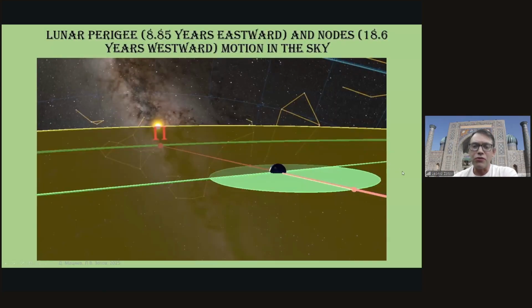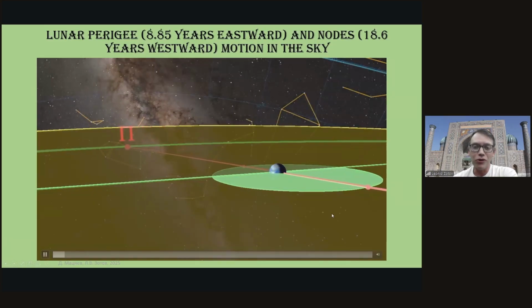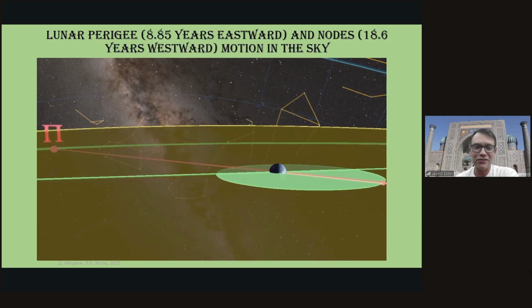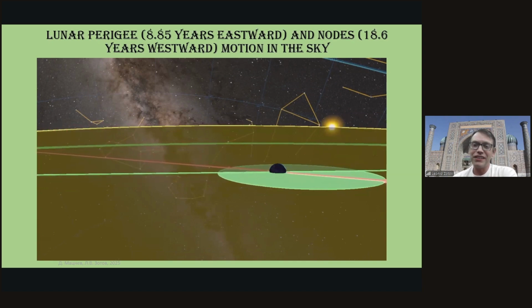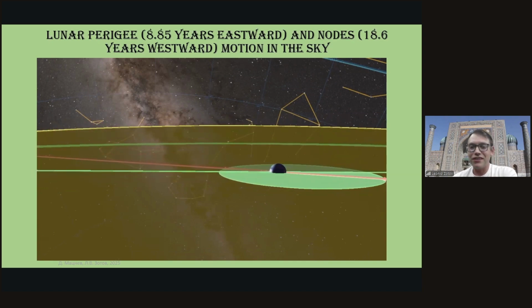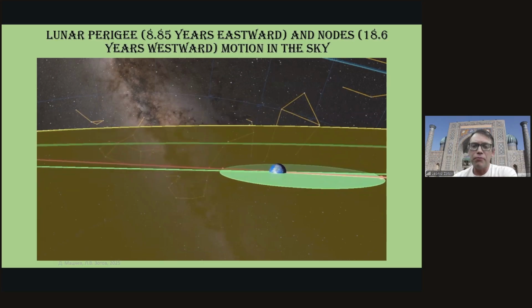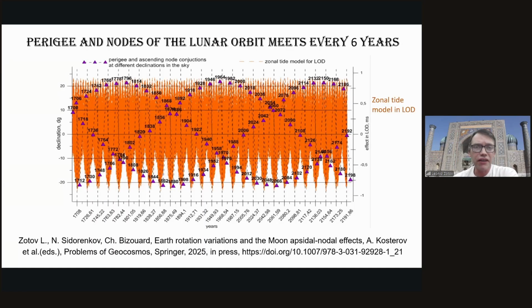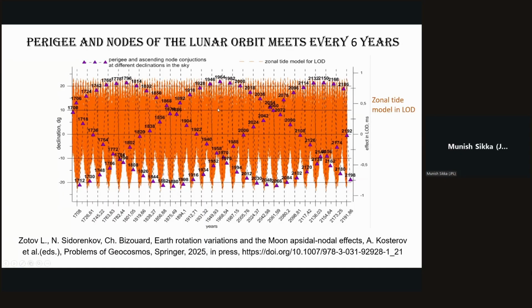We were thinking what could be responsible for that, and found a very interesting thing. I should be thankful to Sidorenkov, my teacher, my professor, that perigee is moving eastward and nodes are moving westward, and they meet in the sky every 6 years.